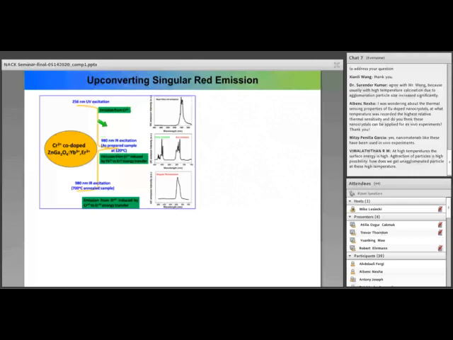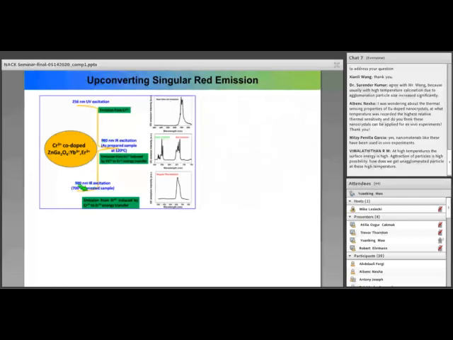And then this is the other one. We get back to this spinel structure, and we still use this combination of ytterbium and erbium, but this time we doped it with chromium. So when we excite our materials with UV light, we see this emission from the chromium.